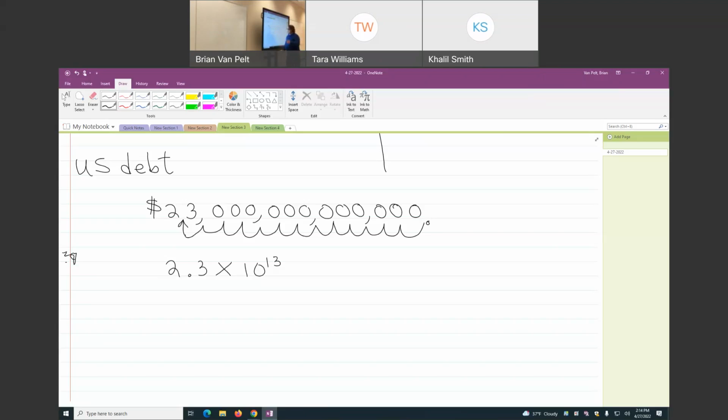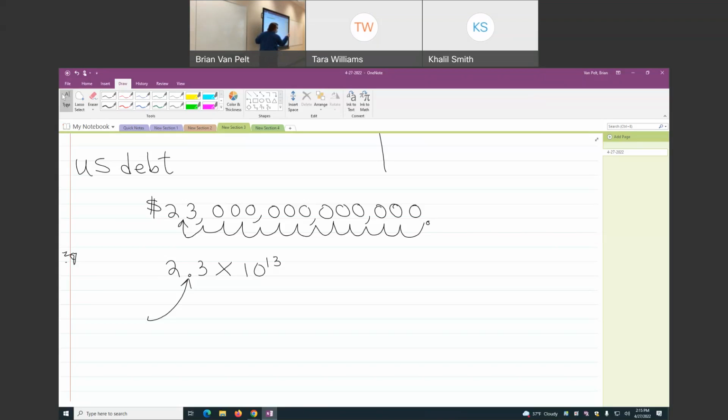I don't know who decided this, but no matter what, the format is this: one digit, then a decimal, and then whatever digits are left over. Okay, let's try some more. A trillion is 12 zeros, but 23 trillion has a 13th place now.